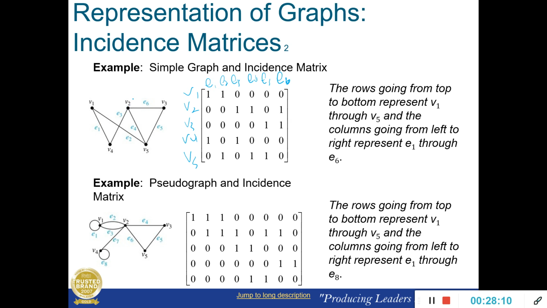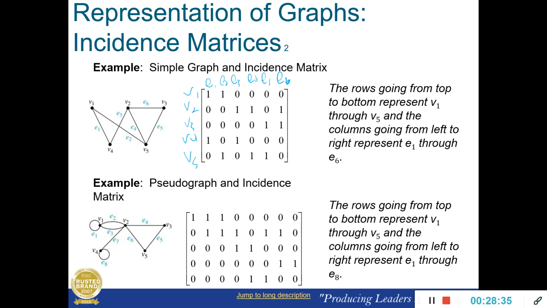Is E2 incident with V1? Yes, incident, you put 1. Is V1 incident with E3? No, 0. E4, no, you put 0. E5, 0. E6, also 0. So V1 is only incident with E1 and E2.